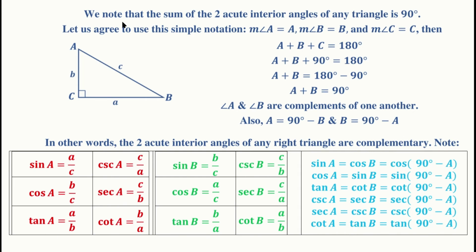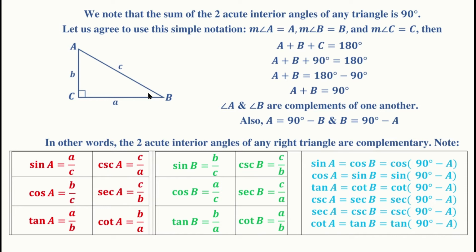All right, so the first thing we note is the fact that the sum of the two acute angles. Remember, here's a right triangle, and the angle which is 90 degrees, that's of course a right angle. These other two angles, as we discussed, have to be acute because their sum is 90 degrees, so neither can be more than 90.